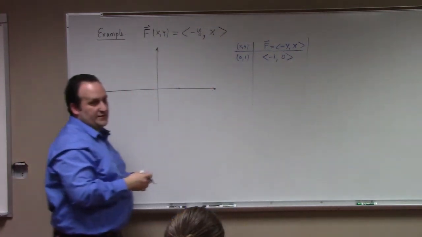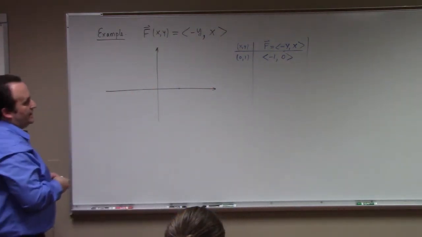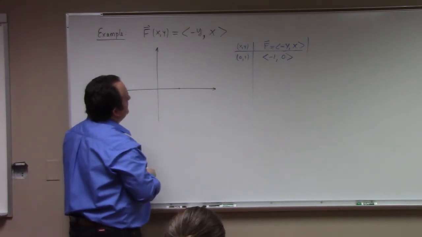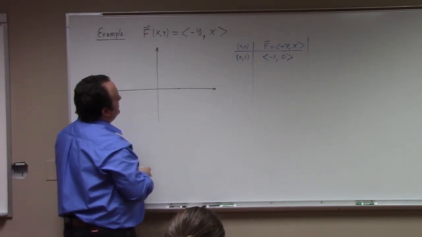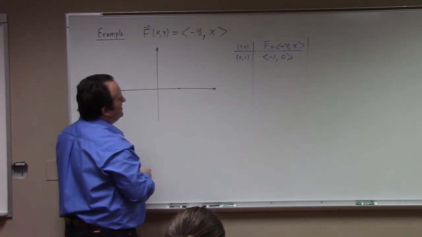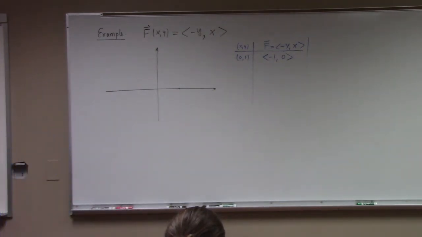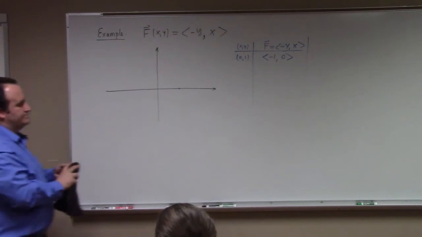I get minus 1, 0, right? Oh man, one moment. That seems wrong. Geometrically, that's not what I was expecting. That's true because I made a mistake. What should I write there?